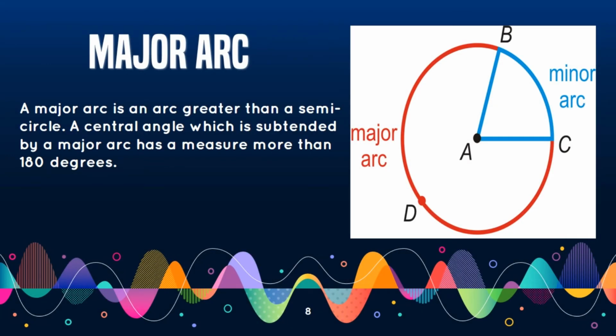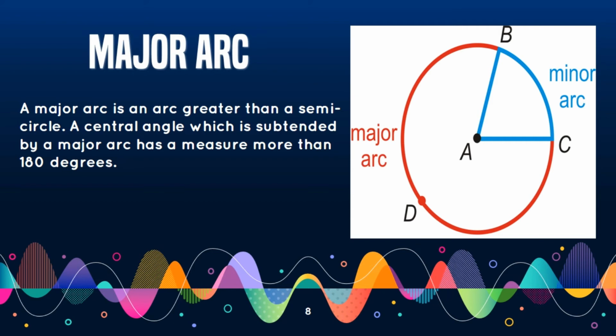Next is the major arc. A major arc is an arc greater than a semicircle, and the central angle, which is subtended by a major arc, has a measure more than 180 degrees. We have here an example on the screen. If arc BC is the minor arc, then the rest or the remaining arc found in the circle are called the major arc of the circle.